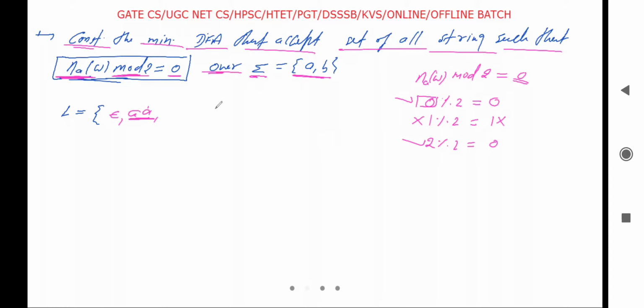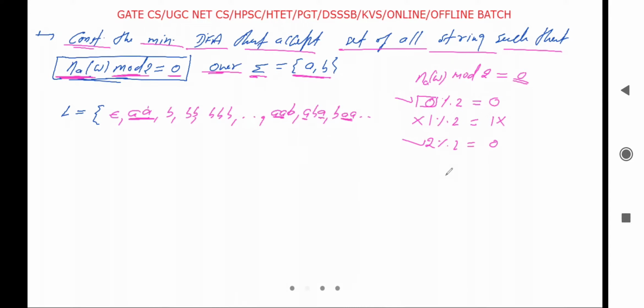Here it can be a single b, a double b, a triple b also, and so on. After that it can be double a, after that b, or it can be aba, or it can be b double a, and so on. Here the number of a's is 2.